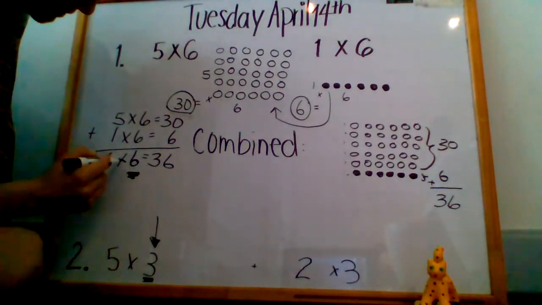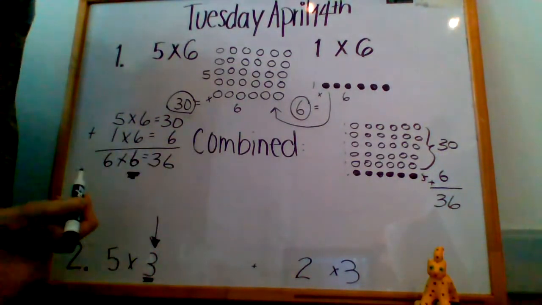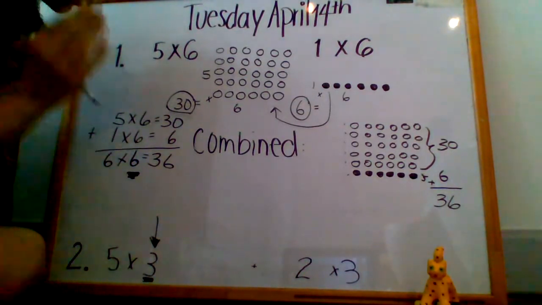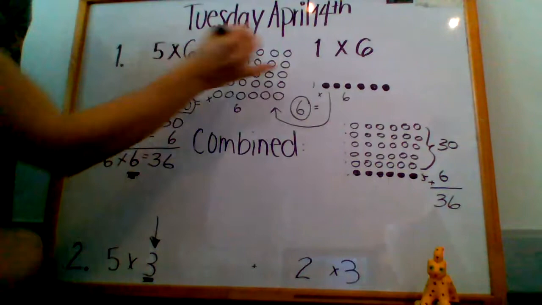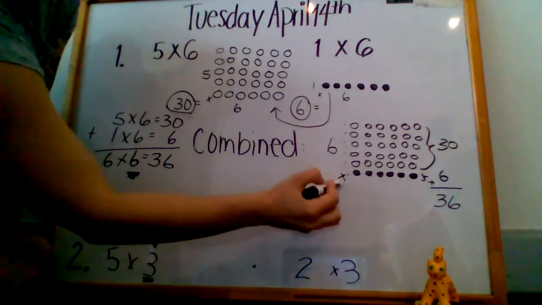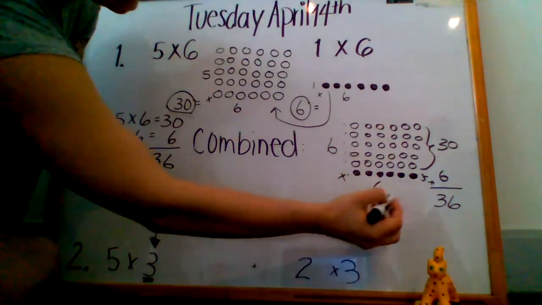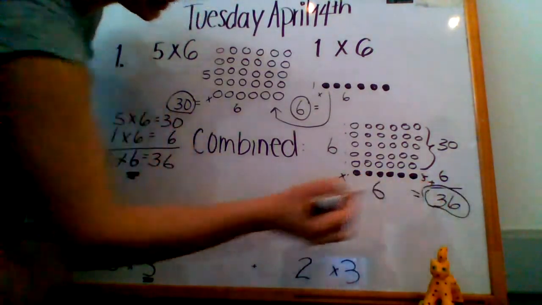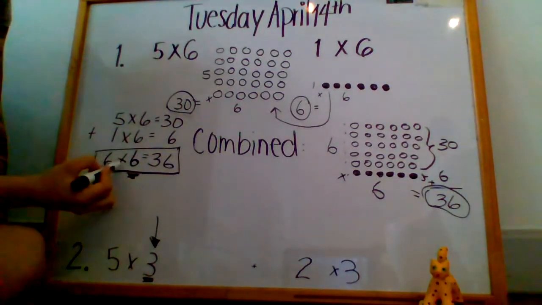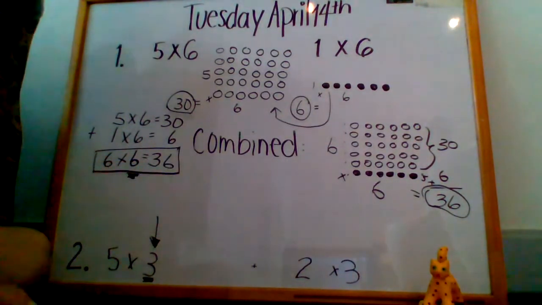So we have 6 times 6 equals 36. Is that true? Yes, it is. So when we added these two arrays, we got 6 rows by 6 columns equals 36.